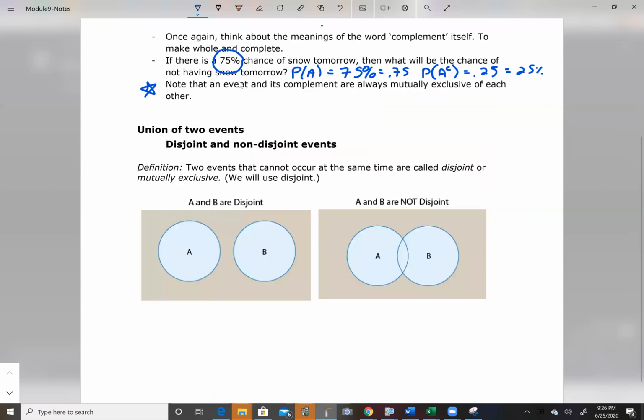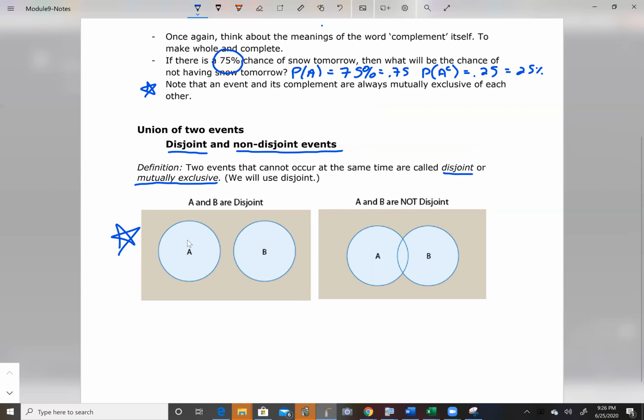Now we're talking about the union of two events, disjoint and non-disjoint. So we just talked about things being mutually exclusive, which is the same as being disjoint, which means they cannot happen at the same time. So if we look at this first Venn diagram, A and B are completely separate circles.